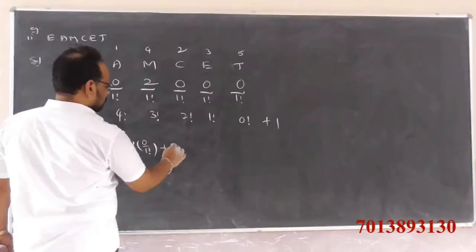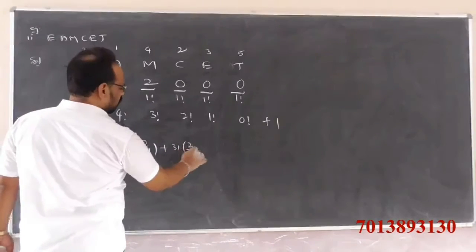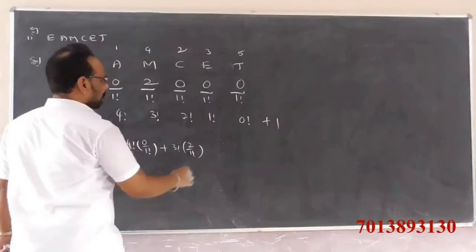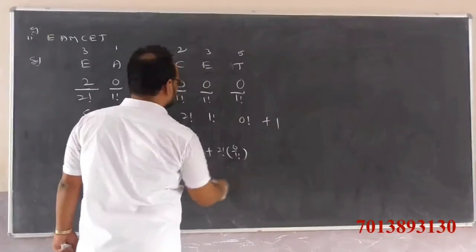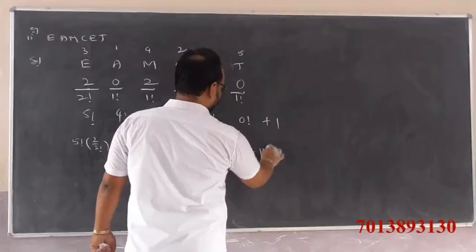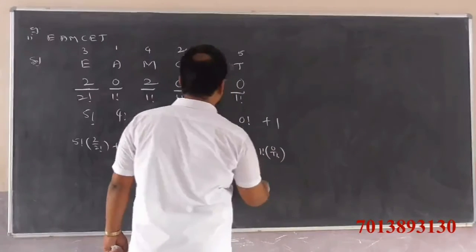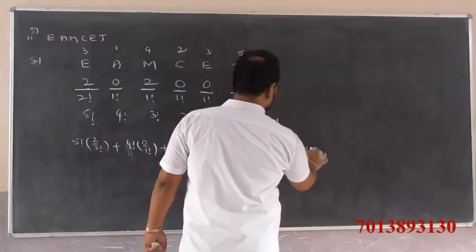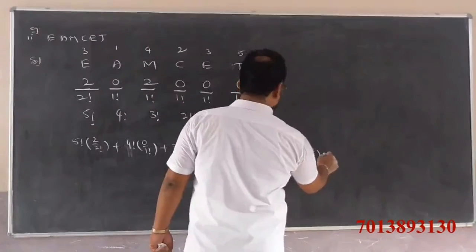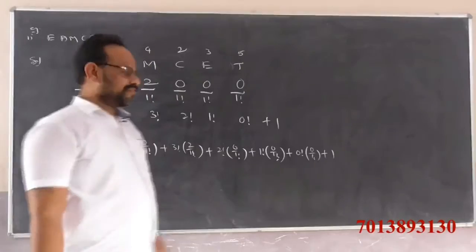Again plus 3 factorial into 2 by 1 factorial, plus 2 factorial into 0 by 1 factorial, plus 1 factorial into 0 by 1 factorial, plus 0 factorial into 0 by 1 factorial, plus 1.